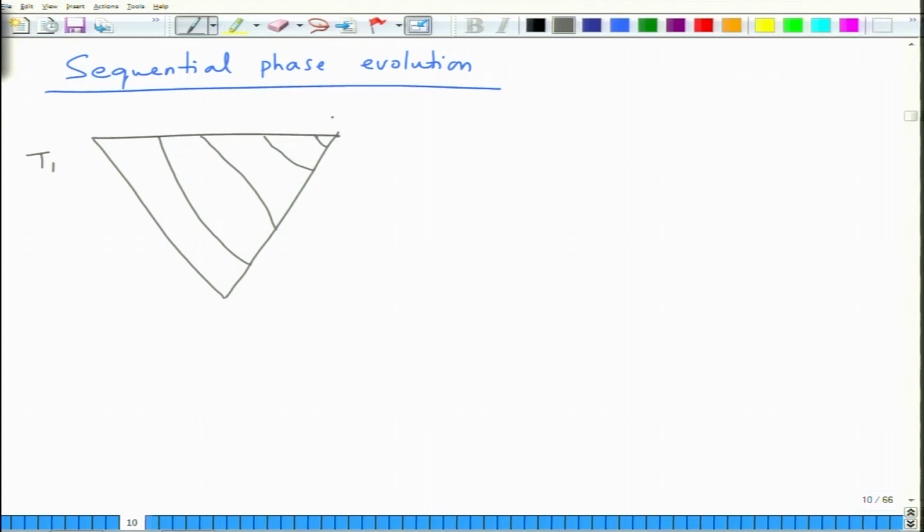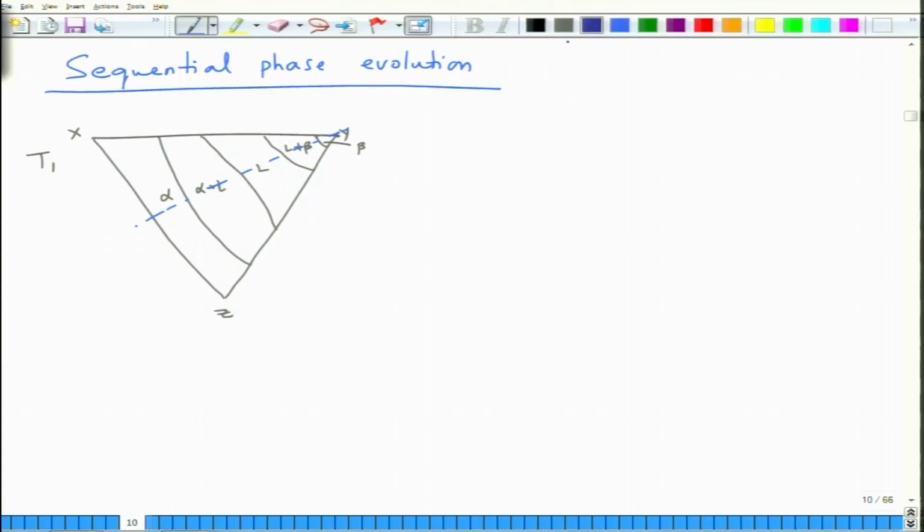This is at a temperature T1, with corners let us say X, Y and Z. You have alpha plus liquid, liquid plus beta, and then you have beta. Basically you are at a temperature where you are in a partially solidified state, so on the boundaries you have alpha plus beta regions. If you take a section along this, starting from pure Y to some ratio of X and Z, you will have a binary phase diagram just like what you see.